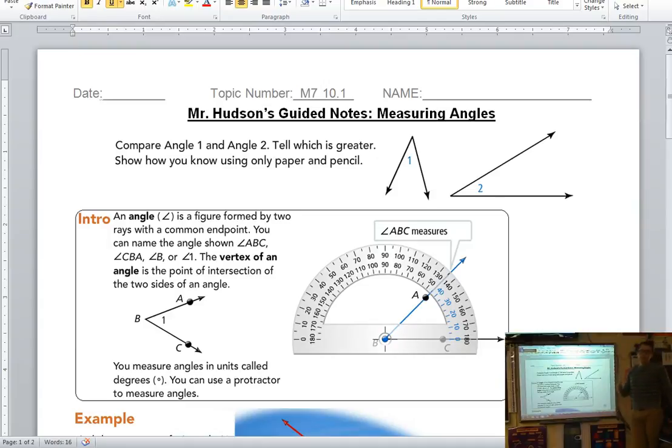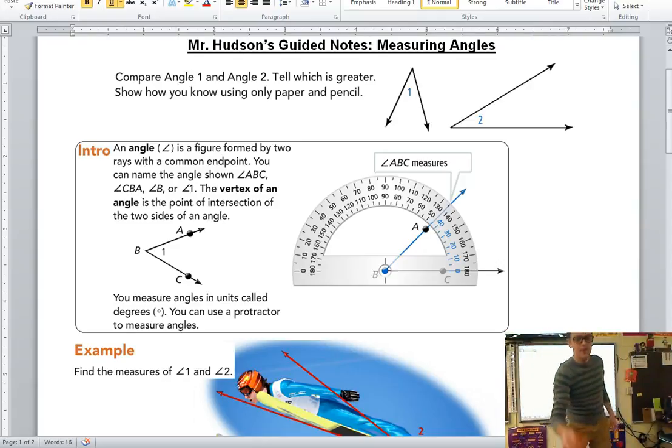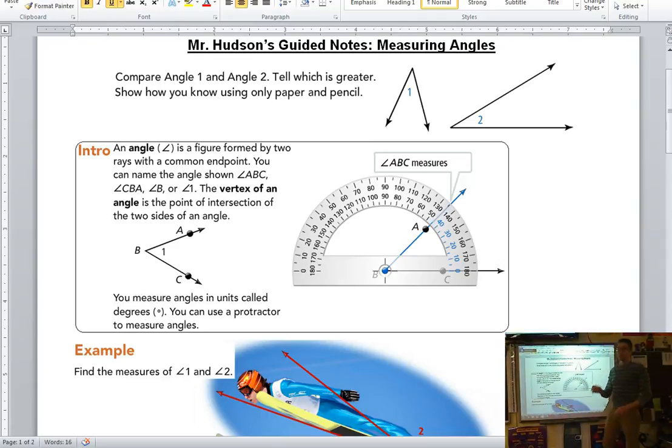And on the start side there, you saw that we had a protractor shown. So when we compare angle 1 to angle 2 and tell which is greater, we're going to need to measure both of them. So when we go to measure them, you're going to have to use your protractor correctly. Now, if no one's ever explained to you how to line up a protractor, what we're going to do is take the protractor, as you can see right here, line up the middle point, which on your view through has a little semicircle at the bottom.